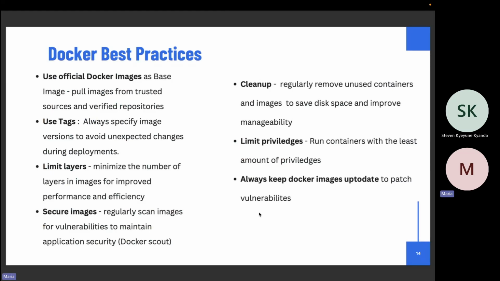Another thing is to use tags. We say tags are unique identifiers. They help you to version your application. Then you limit layers. As we saw, don't have too many RUN commands, too many COPY commands. You limit all those layers. Secure images. You have to regularly scan these images for vulnerabilities.